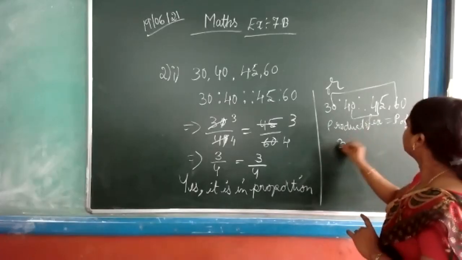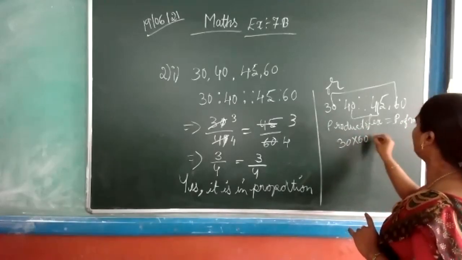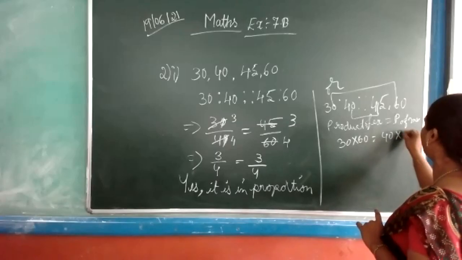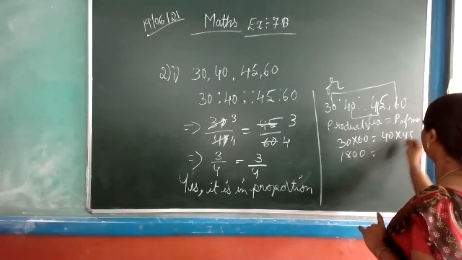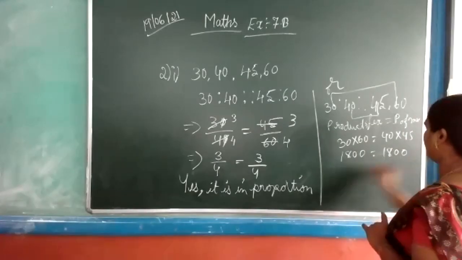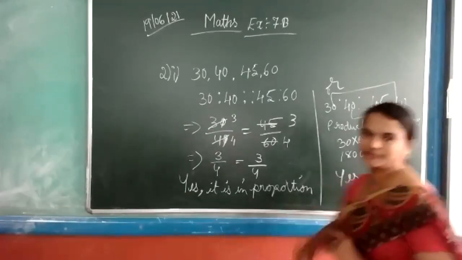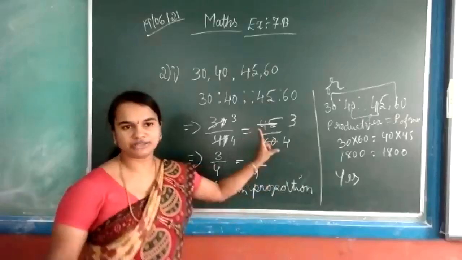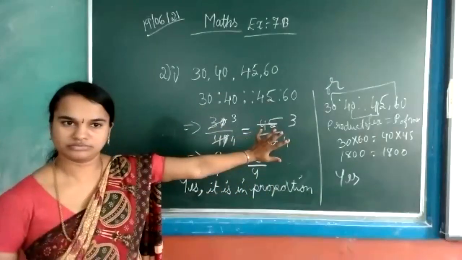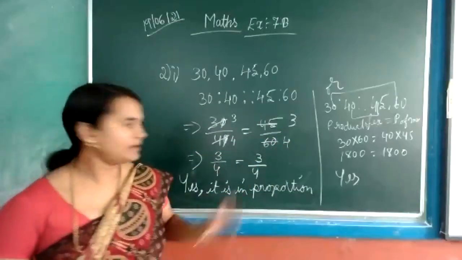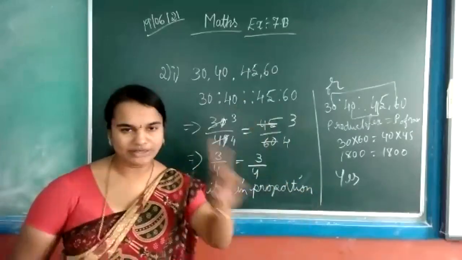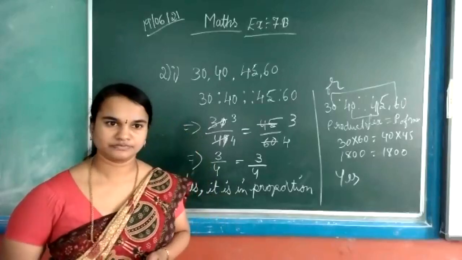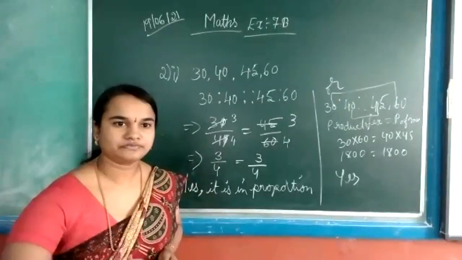That means 30 into 60 equals 40 into 45. 1800 equals 1800. Yes, it is in proportion. Both we are getting the same answer. Follow any one method. Don't write both. In the first question, write both methods, and after that only one method is enough. Yes, Arshita.